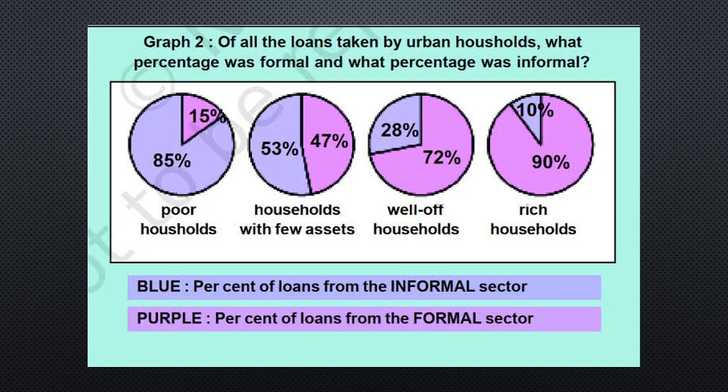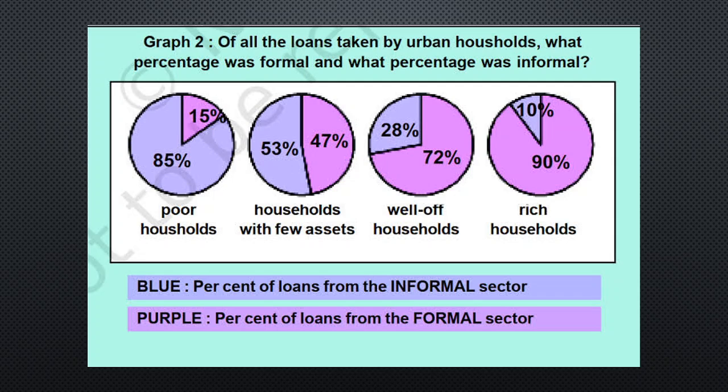So what did we get? What this graph shows is that only 10% of the loans are from the informal sector in case of rich households, while 90% are from the formal sector. Okay, so the poor households, they are deteriorated.